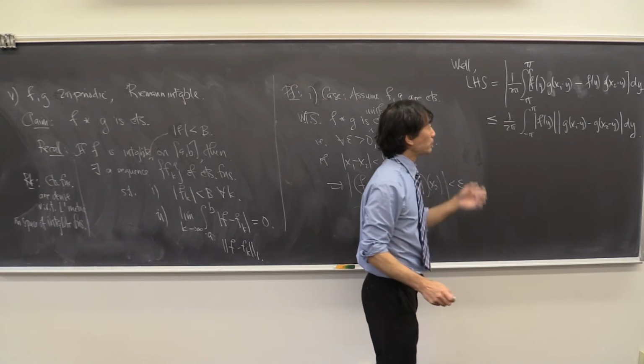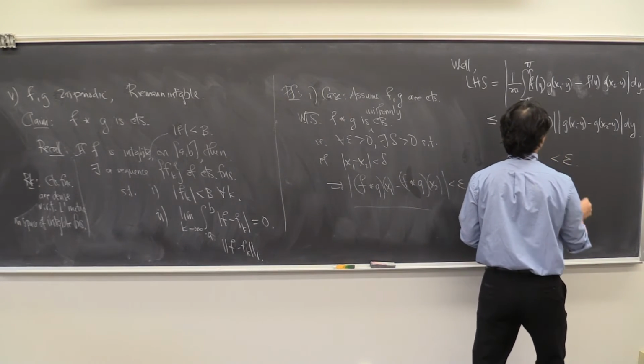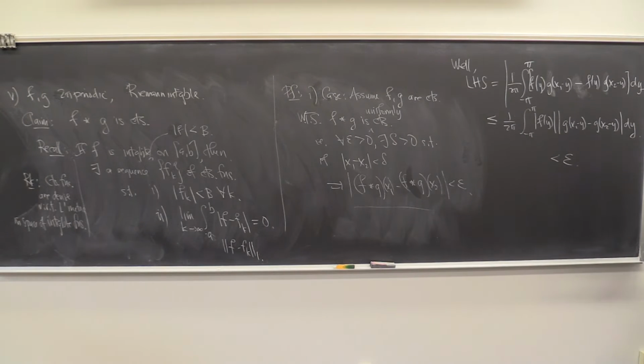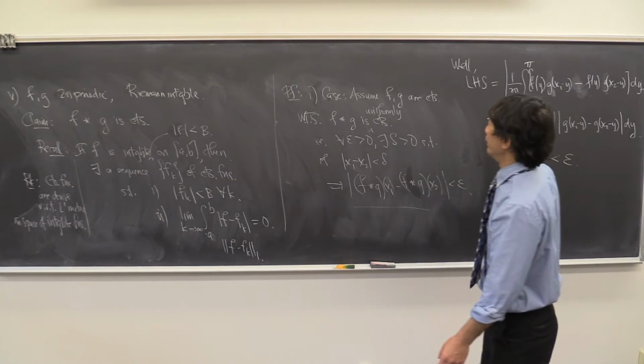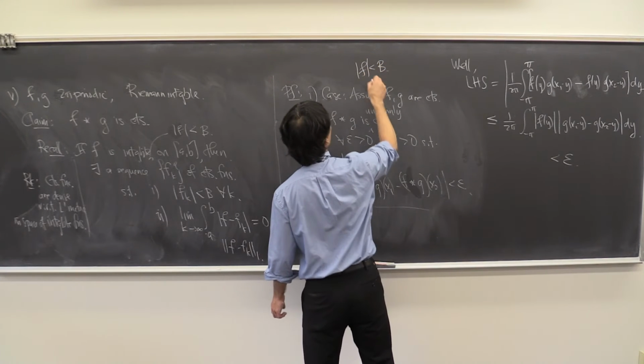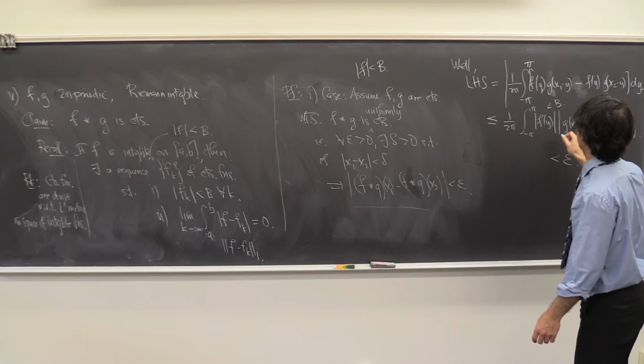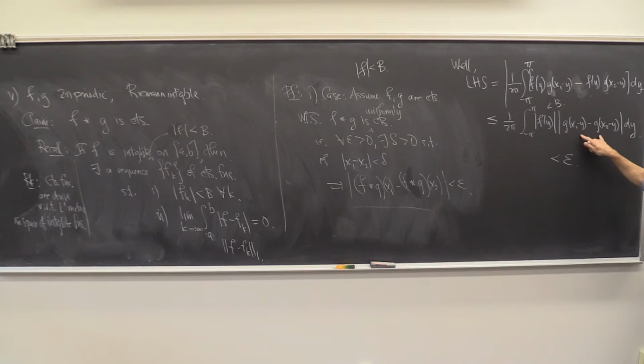How are we going to make this smaller than epsilon? Well, this thing is bounded. They're both integrable functions, so we say that f is smaller than some b. So this thing is bounded by b.